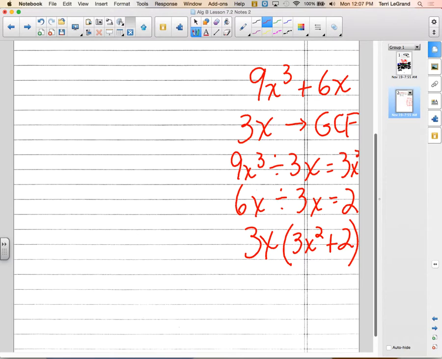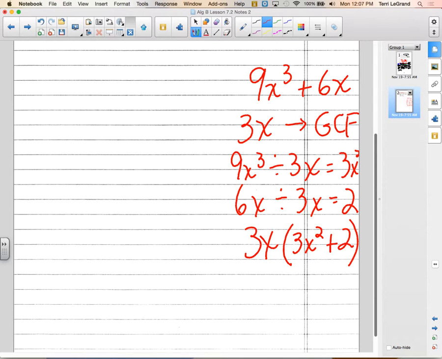Is that not just what we've been doing the last couple of assignments? We found the GCF, then we divided both terms by it, and our GCF was out front as one factor. The result after dividing was the other factor.